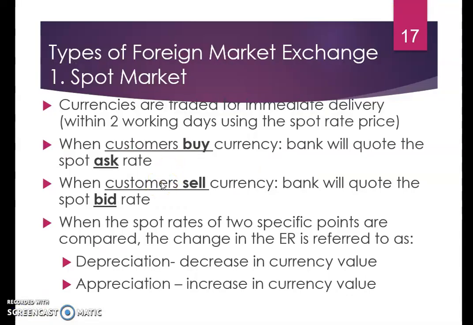As summarized, like I said earlier, if the customer or the traders or the investors want to buy the currency, the bank will quote the ask rate, and if the customer wants to sell the currency, the bank will quote the bid rate.